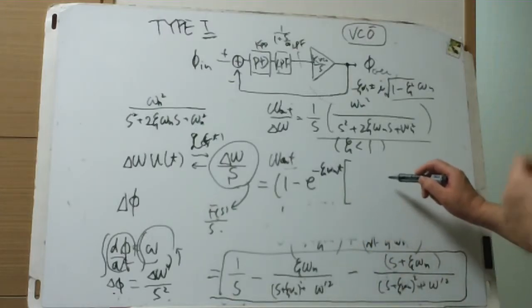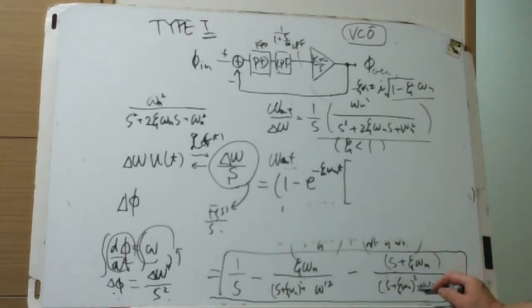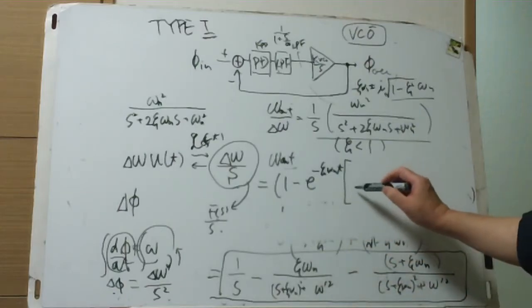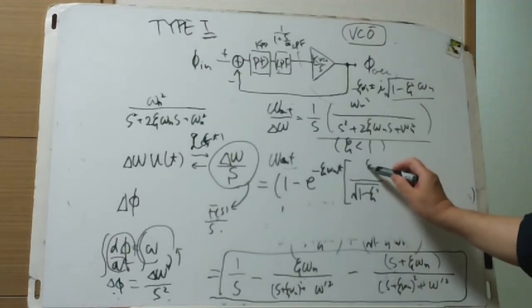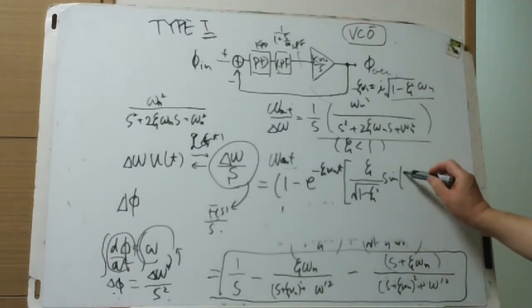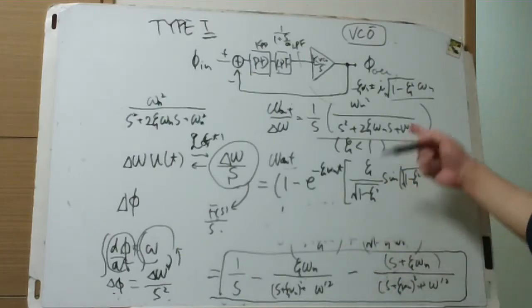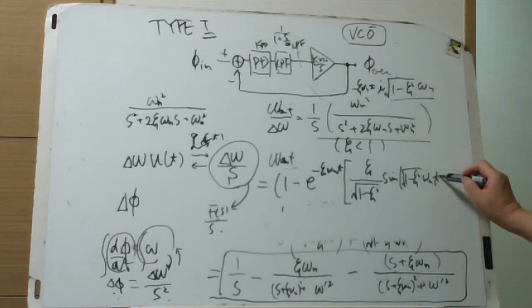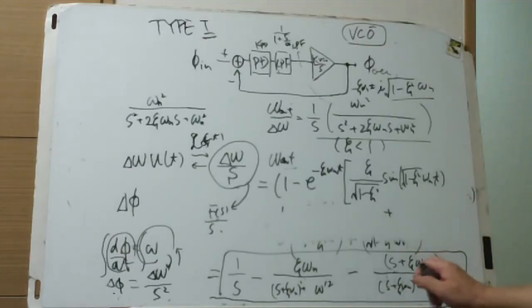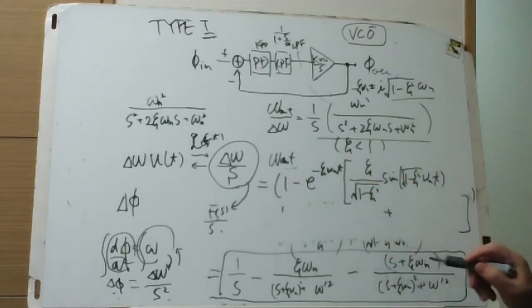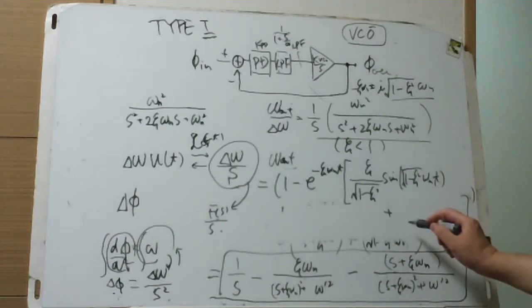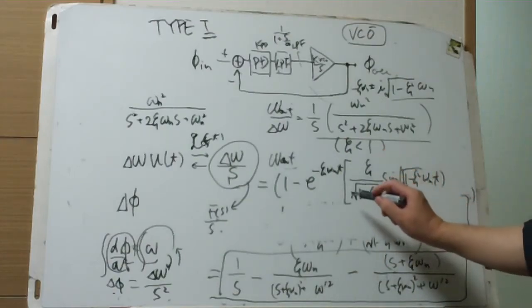We need this: this is cosine and this is sine, and sine, square root 1 over zeta squared times zeta sine square root 1 minus zeta squared omega n t, plus, all over, parentheses closed.